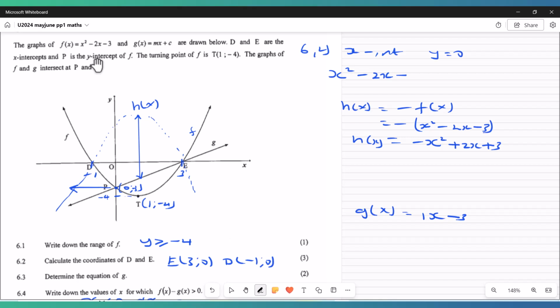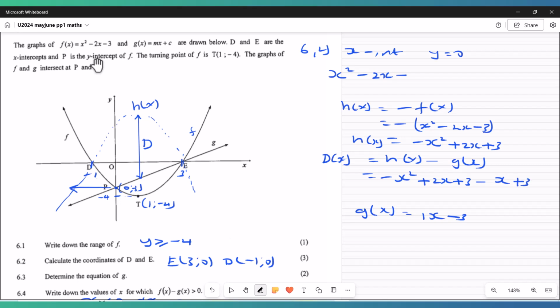Okay, so now to get our distance d, let me call it capital D here. I'm going to subtract h of x minus g of x. So our distance in terms of x equals h of x minus g of x. Okay, so we're going to say here negative x squared, then plus 2x, then plus 3, minus x, then this one becomes a plus, plus 3.